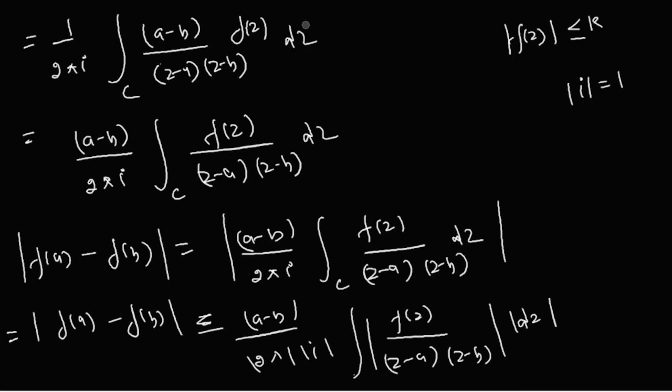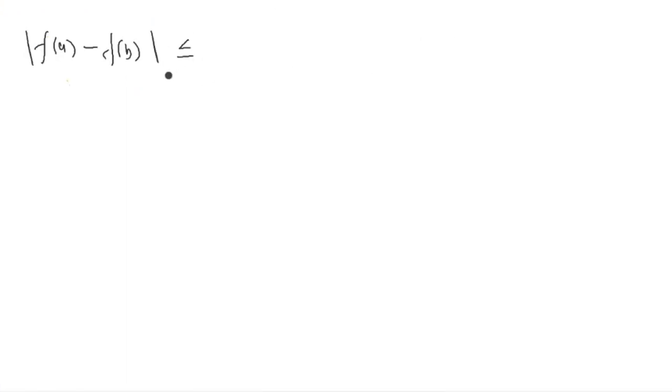Less than or equal to (a minus b) upon 2 pi i, mod of i equal to 1. So we can write here a minus b upon 2 pi and the integration.